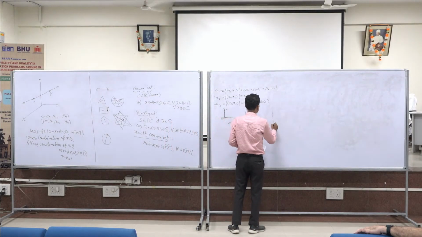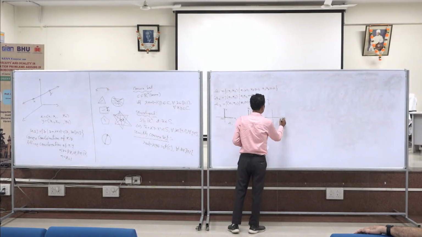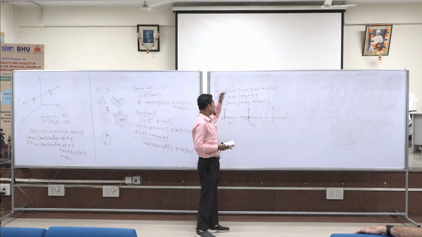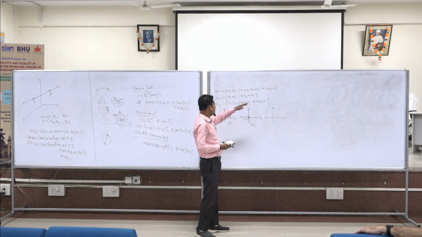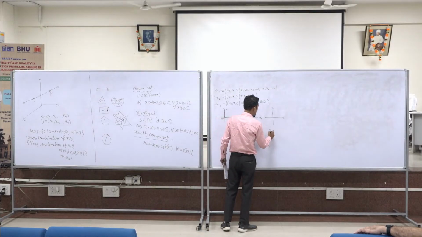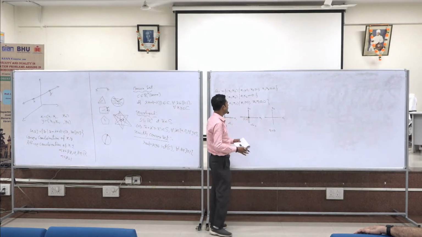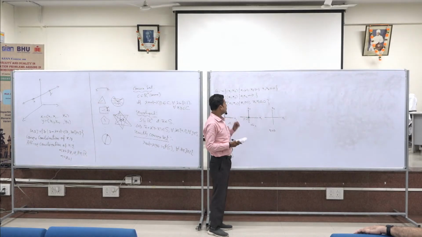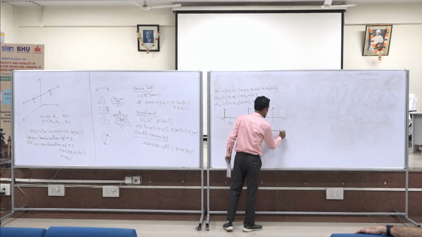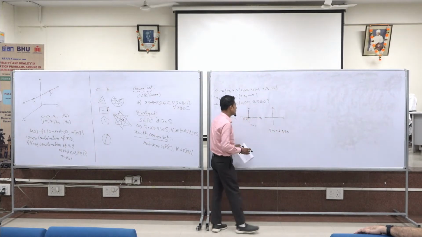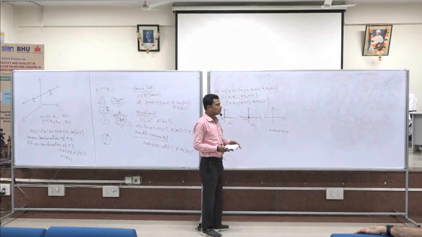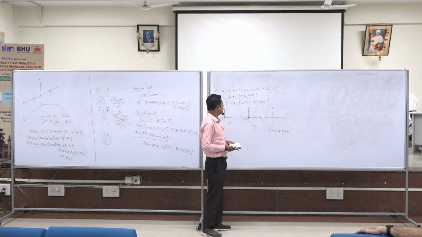For the third one, we can see that x1 is greater than or equal to 0. So we have to break this into two parts. When x1 is greater than 0, what will happen? x2 will be less than or equal to 0. And when x1 is equal to 0, there is no constraint on x2.